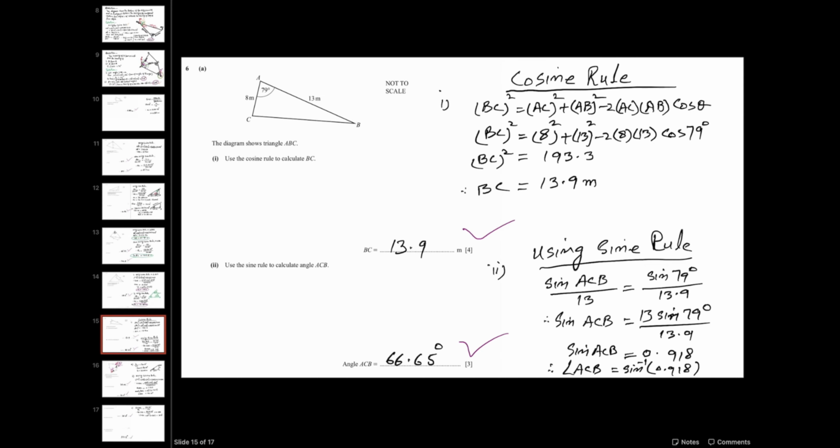You can check this value through your calculator. Now angle ACB is equal to inverse sine of 0.918. Hence angle ACB is equal to 66.65 degree.